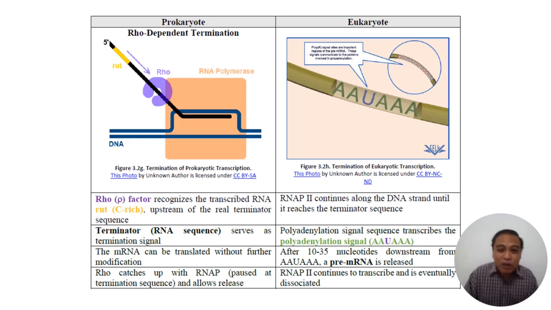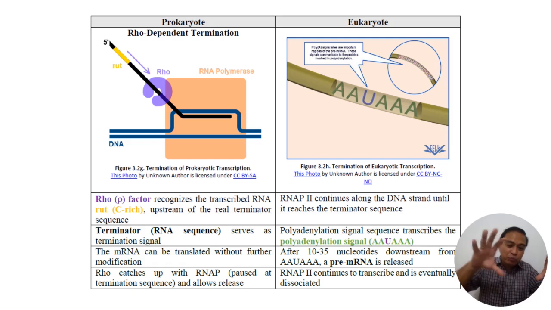Now take note, on the other hand, for the eukaryotic transcription, there is no such rho factor present. That is why it is rho independent. And then take note that the RNA polymerase will simply continue on transcribing the DNA sequence until it reaches the termination sequence that will contain the AAUAAA, and then here it will be stopping.